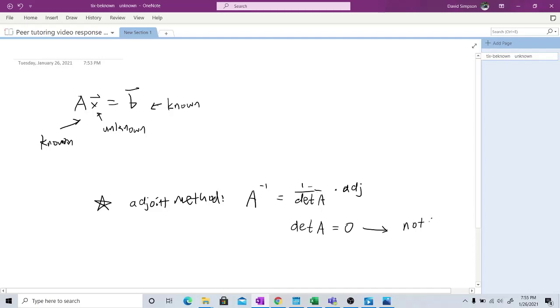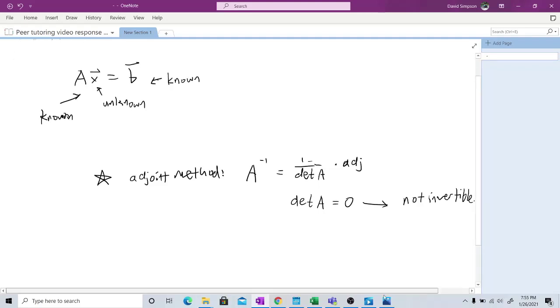It's not invertible. Anyway, that's why some matrices are not invertible, because sometimes the determinant of A is 0, and then you're out of luck. You'll have to find another way to solve the equation. And for now, let's just say A is invertible, and the determinant of A is not 0, and we can find the inverse. So here's what we're going to do.